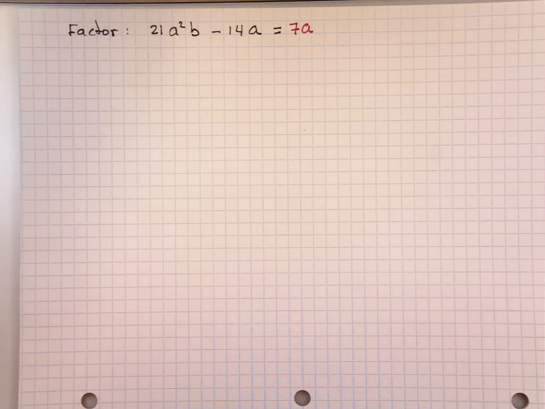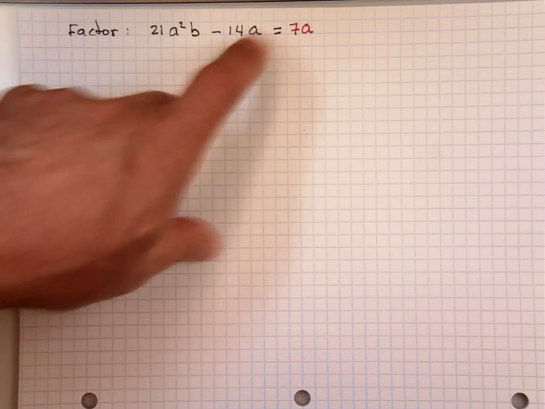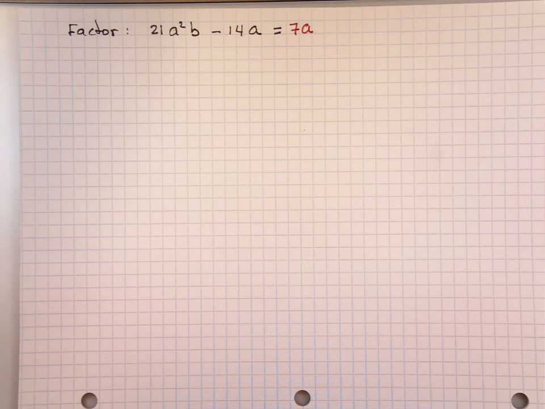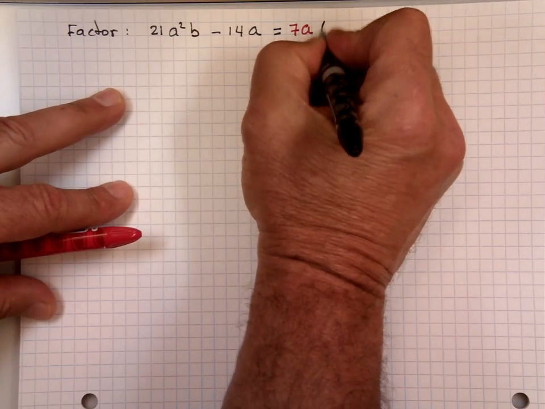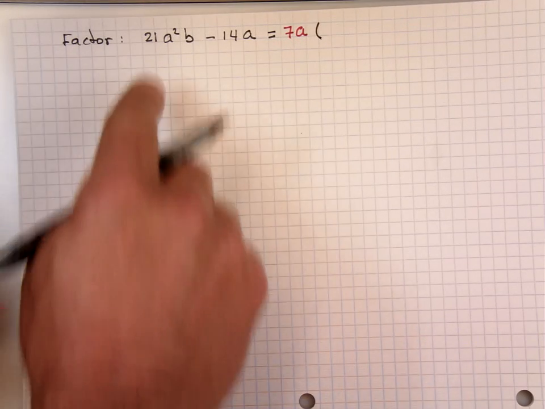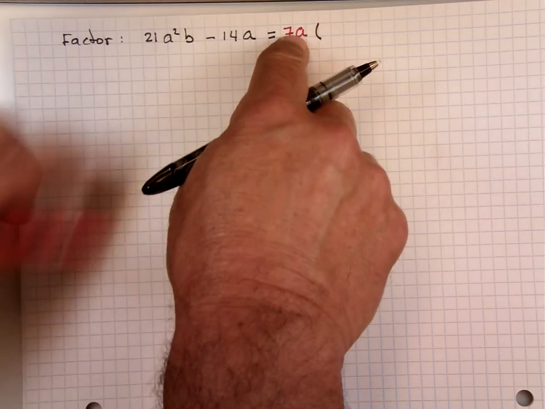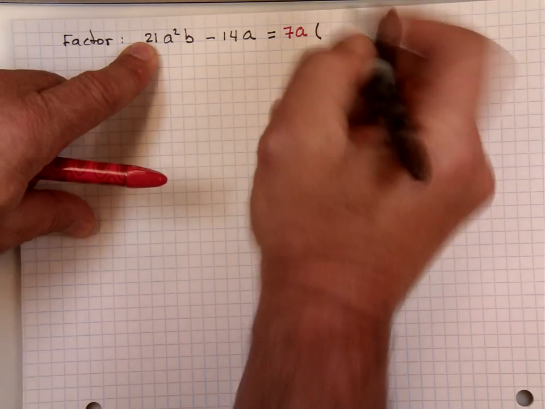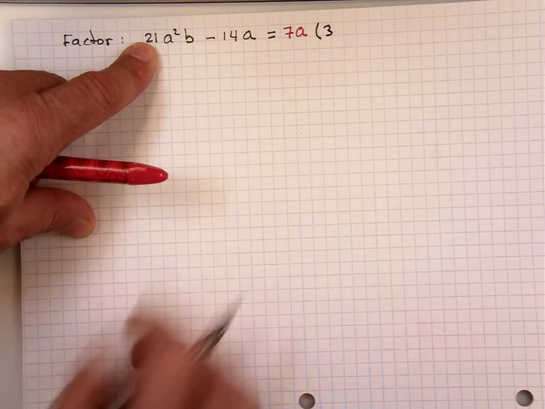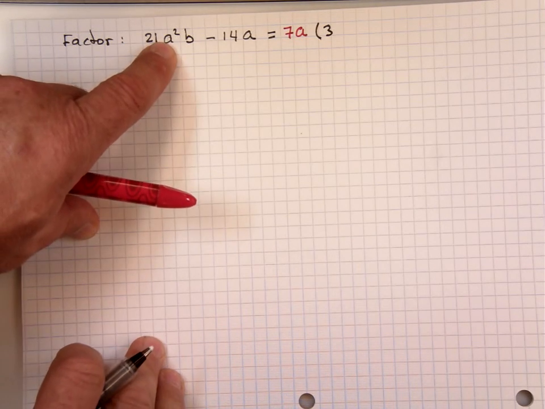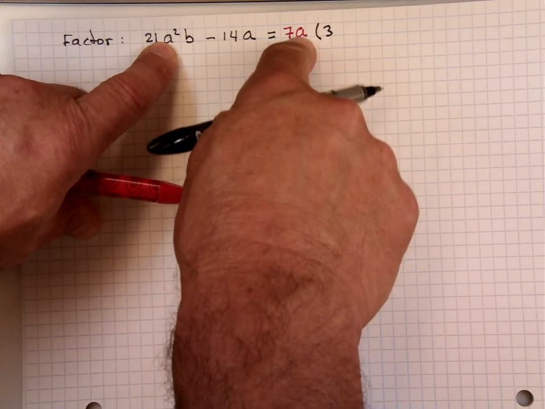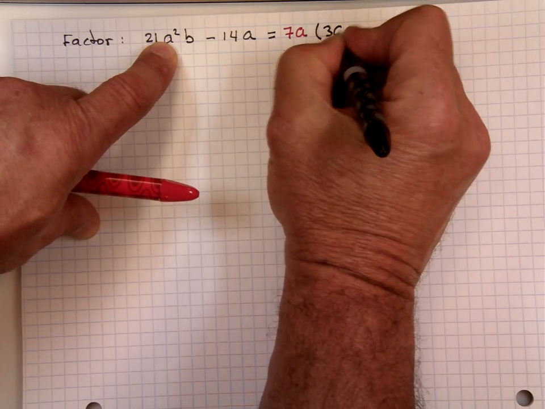This has a b, this does not. So what is left in the first one? Let's look and see. 21 divided by 7 is what? 3. I have a 3 left here. There's 2 a's. I took 1 outside. That leaves me with 1 on the inside. I have the b.